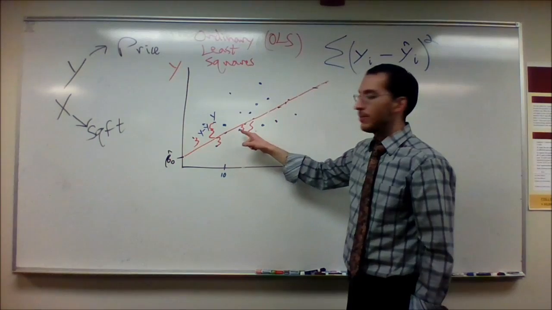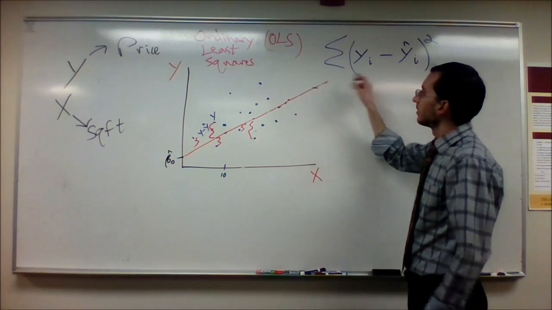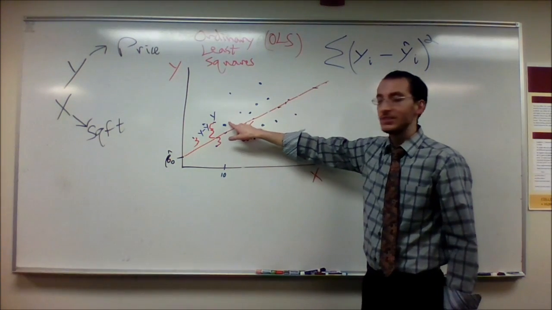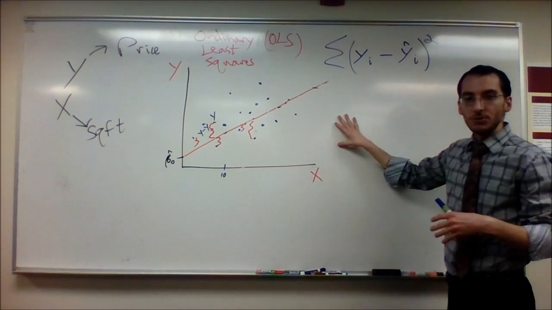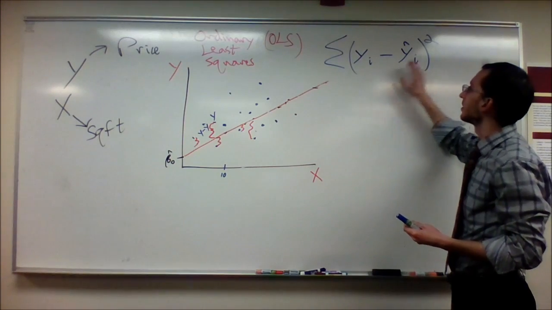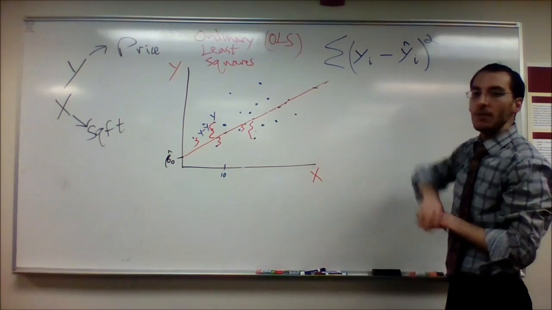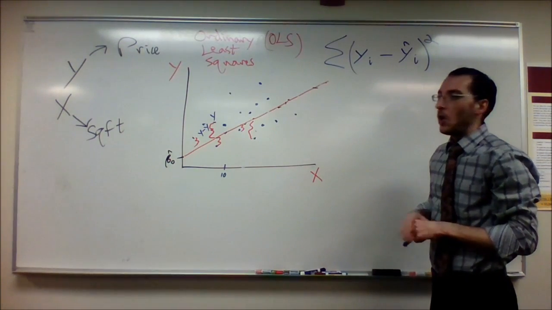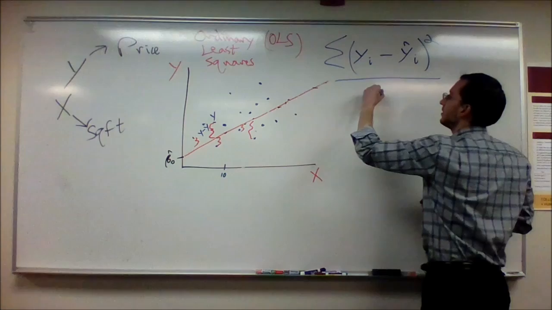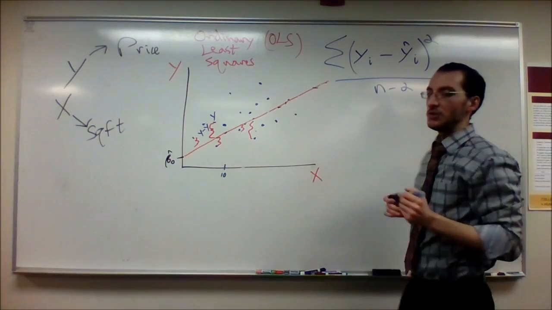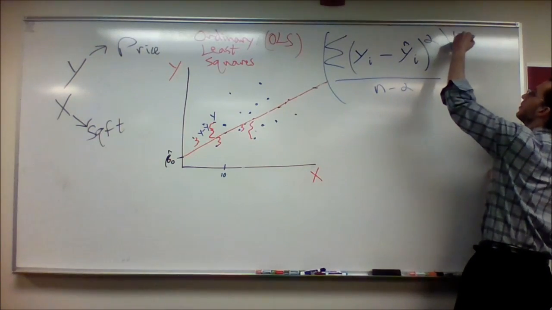So remember how I was telling you that we can get the deviations of each dot from the line, and we call those residuals, and we can add them up like we do here. So I get my residual, I square it, I add it all up. What I can do is divide by n minus 2, and then take the square root of all of that.